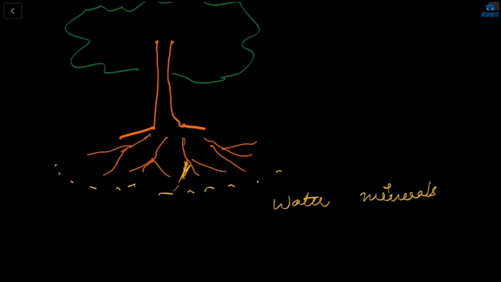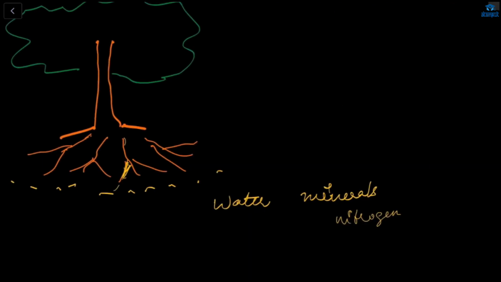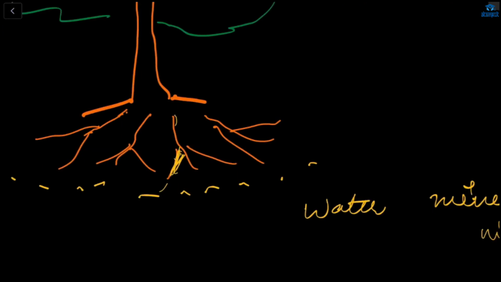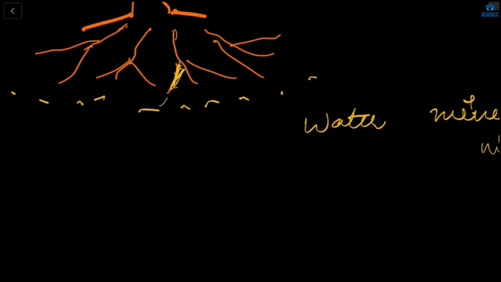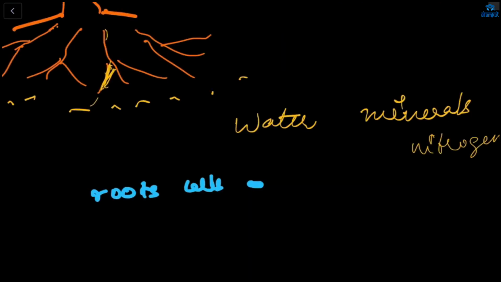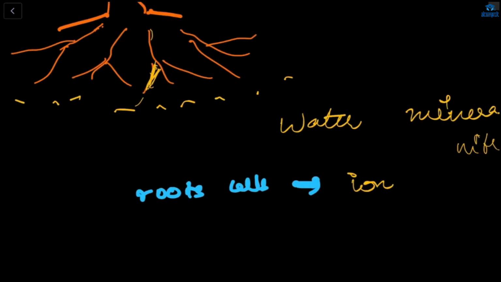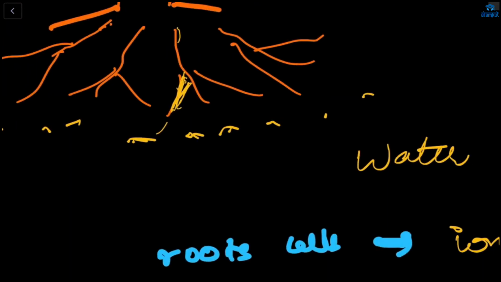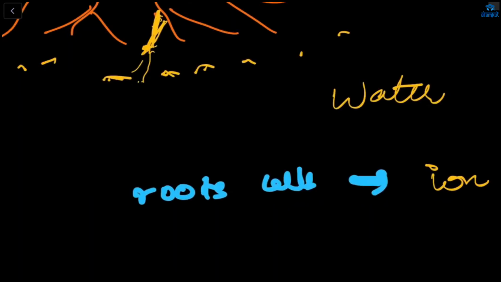Minerals like nitrogen, phosphorus, etc. So what will happen here is the root cells will take up ions. In the soil, there are many mineral ions present, right? So the root cells take up the ions.